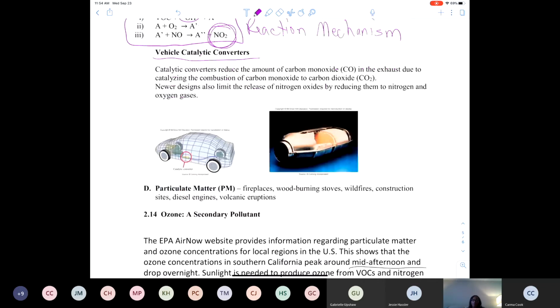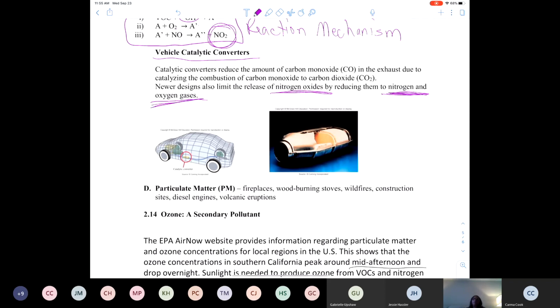It will reduce the nitrogen dioxide back into nitrogen and oxygen gases once it exits the tailpipe. So instead of nitrogen dioxide exiting the tailpipe, you get nitrogen and oxygen.